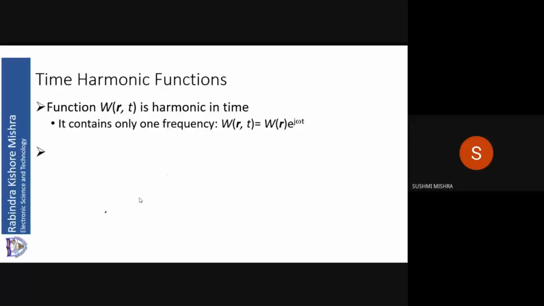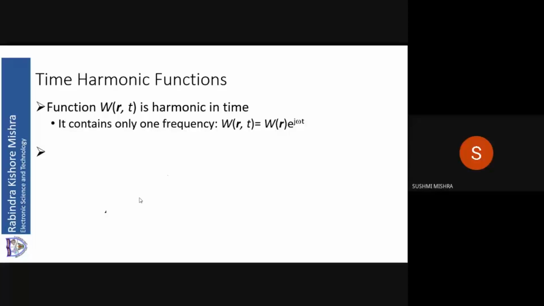Why will we consider e to the power plus or minus j omega t? The reason is very simple. If we expand that, we get cos omega t plus j sin omega t. Or even if we don't expand that, we get e to the power j omega t.